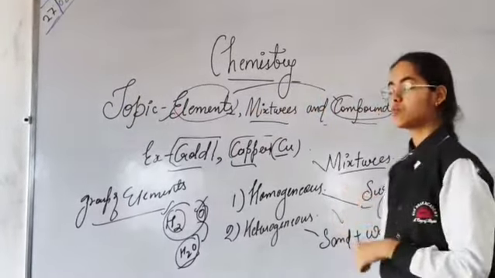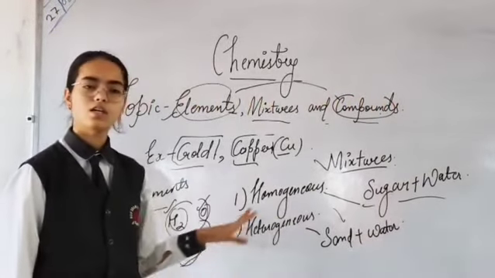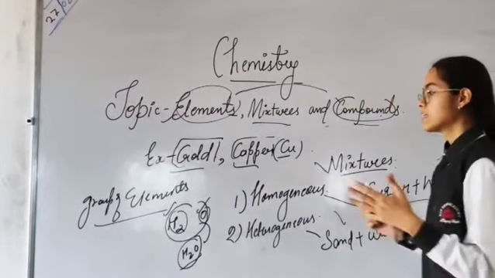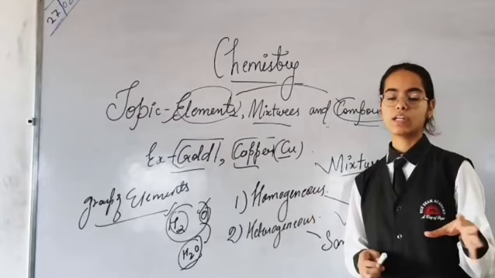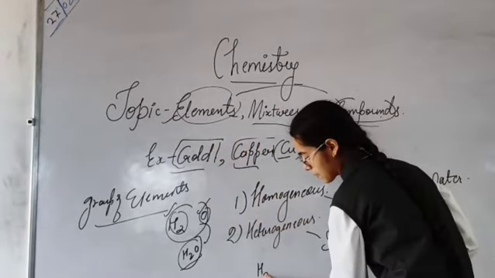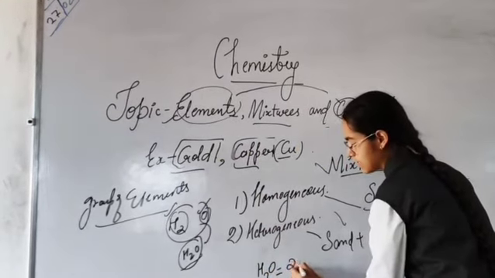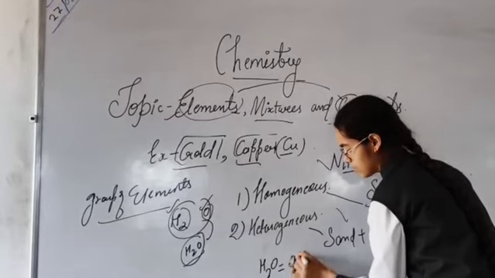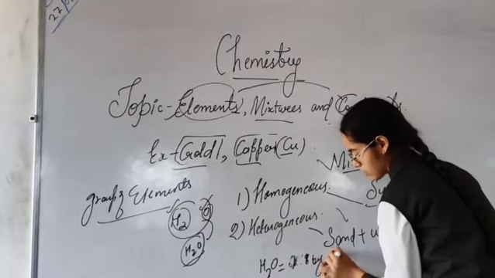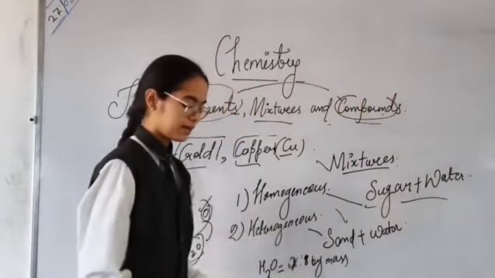Point to note: they have their own properties, different from the constituent elements. Then, compounds are constituted in a particular ratio. Let us see H2O. If we see the ratio of the compound, we see 2:1, 2:8 by mass. So the ratio of the compound is 2:8 by mass.